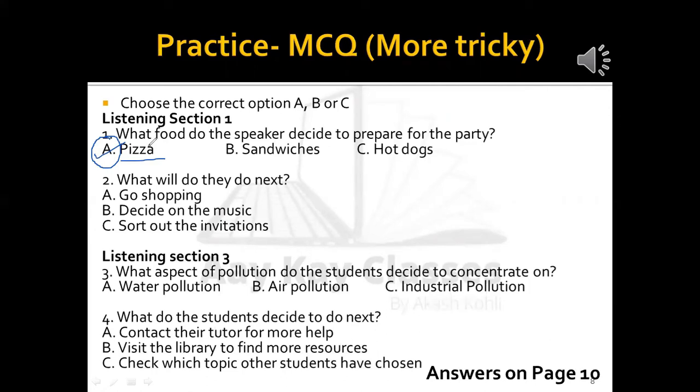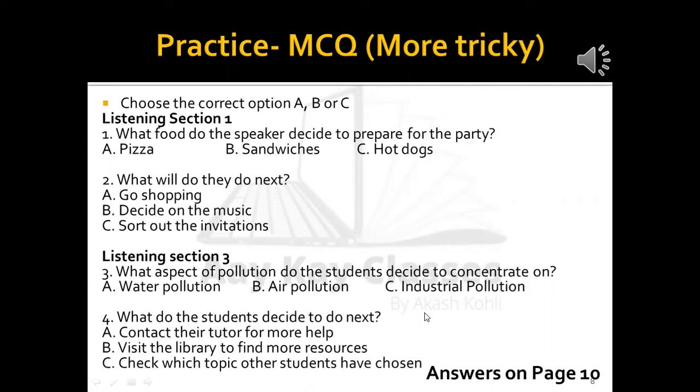So, of course, I told you these are more tricky. I hope you have answered this A. Otherwise, it's okay. Check the answers and then you can listen to these audios again, and then you can make your corrections after seeing the answer key, right?